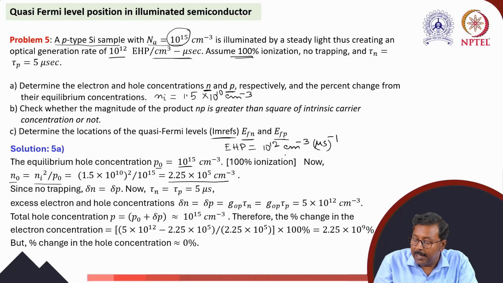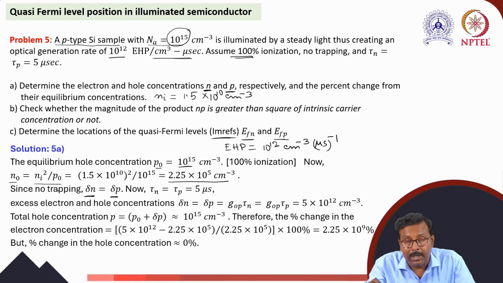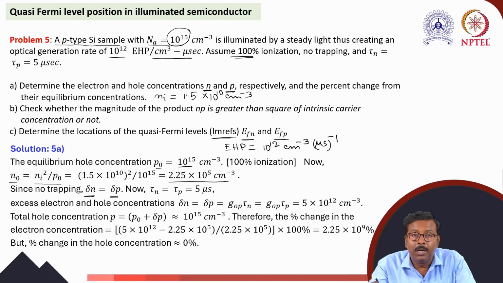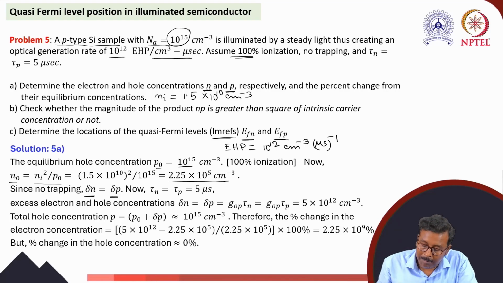Now EHP is there. So delta N and delta P, they are equal. Why? Because there is no trapping. If trapping is there, that would be a different value in delta N and delta P. That means the number of extra electrons generated will be equal to the number of extra holes generated. And tau N and tau P, both are same.